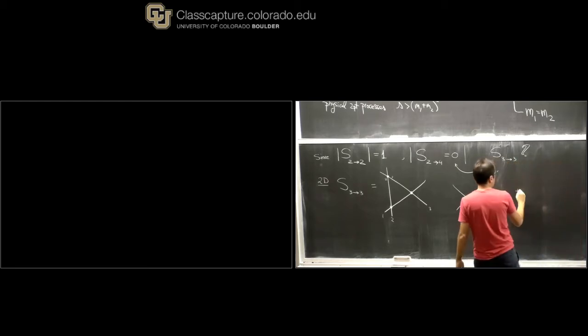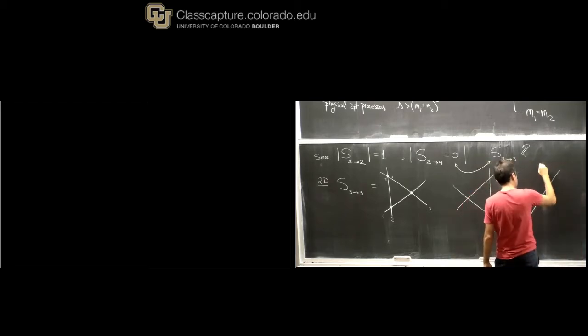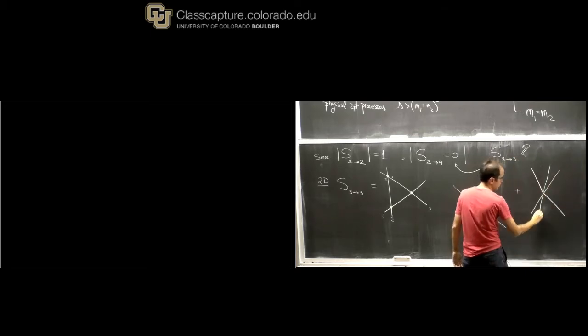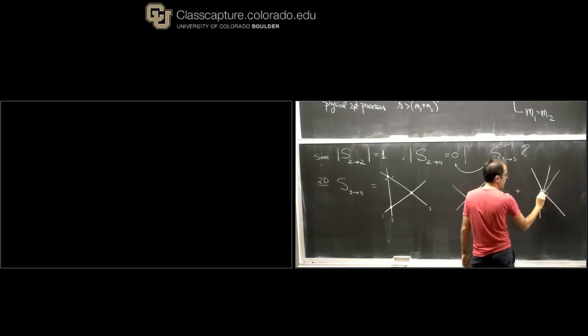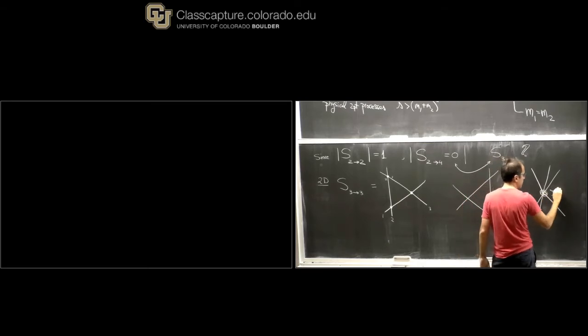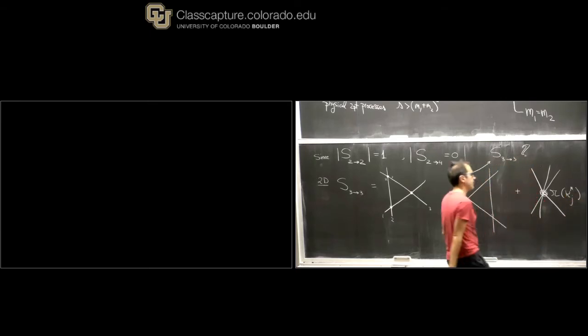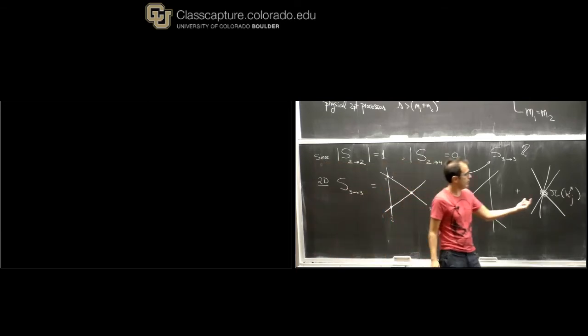Or there could be the possibility that they would scatter in a way, and now I'm not drawing the lines with the same slope, where there is another part that is what I would call the small part, a regular part that would depend on all the momenta. So this part is regular here.